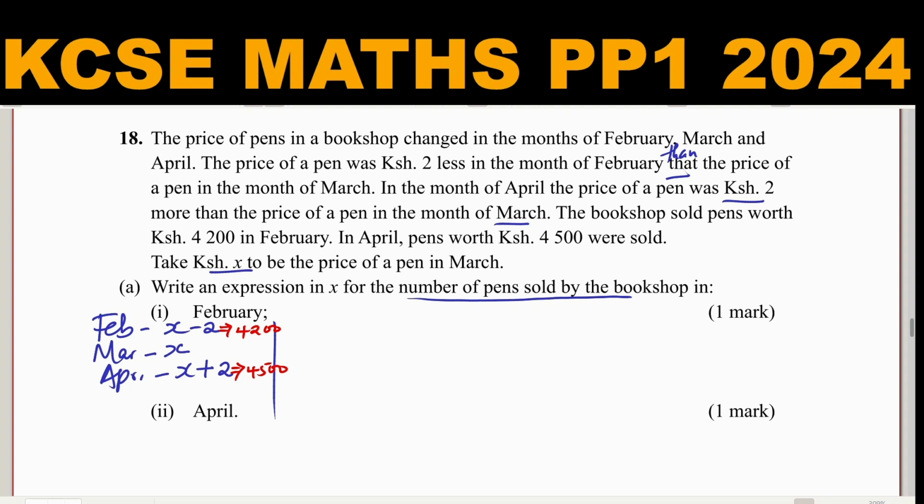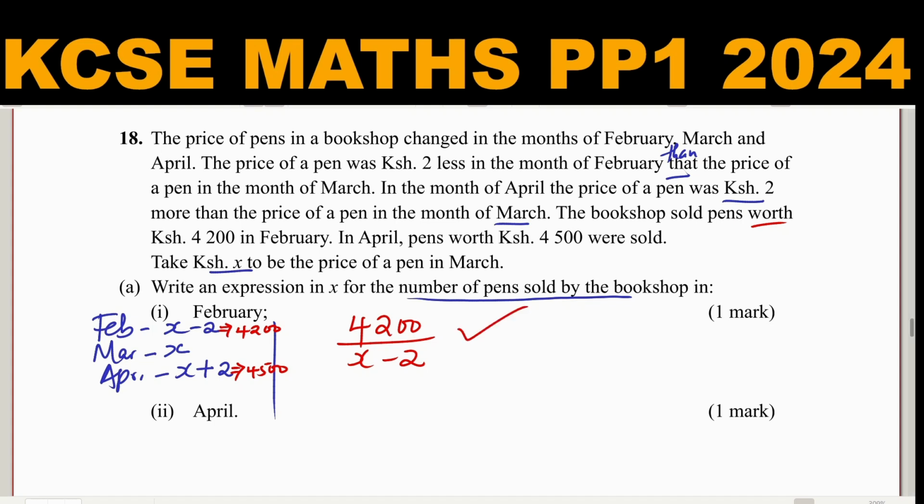To get the number of pens, we are going to take the total amount of money, then divide by the price of each pen. For example, in February, we take the amount of money obtained from the sale of all the pens, that will be 4,200, and then we divide by the price of each pen, which will be X subtract 2.